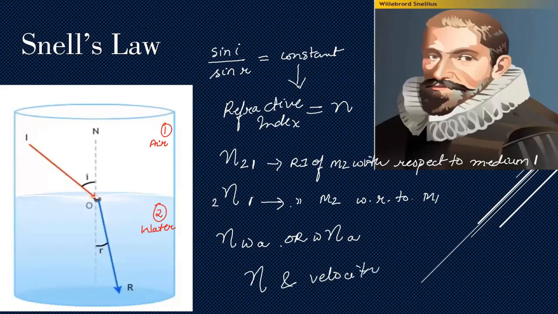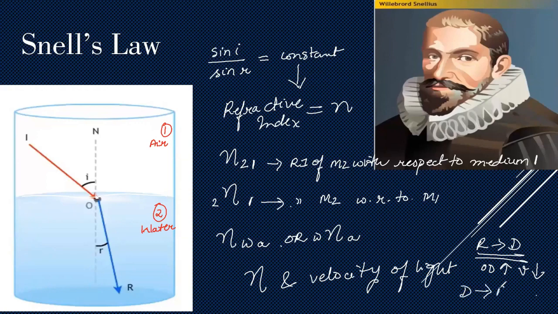But this is very, very important, because we know when light travels from rarer to denser medium, optical density is going to increase. So as optical density increases, velocity of light decreases. When ray of light travels from denser to rarer medium, what will happen?